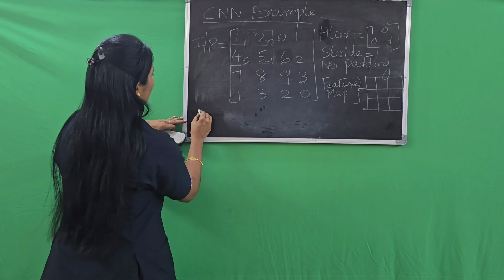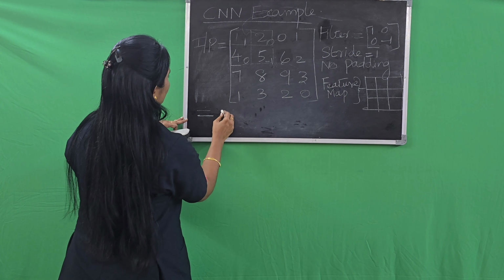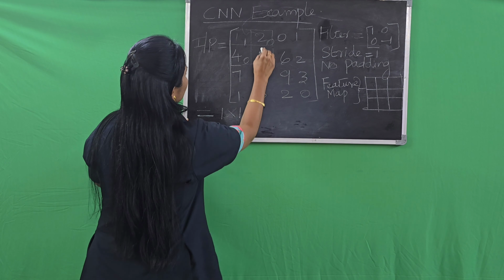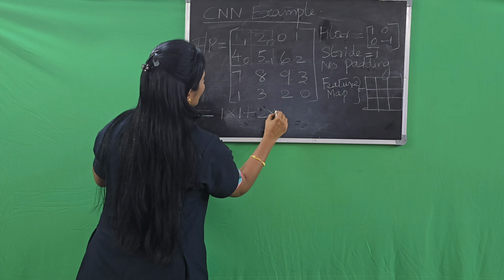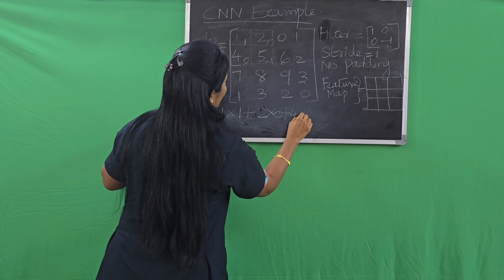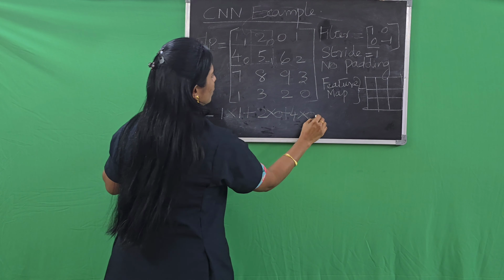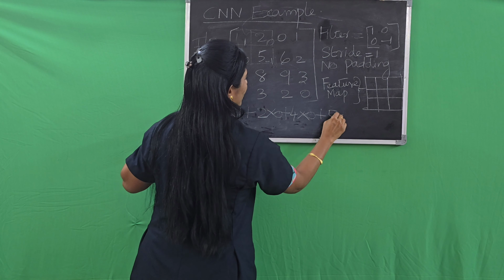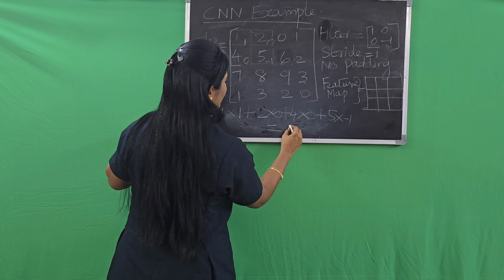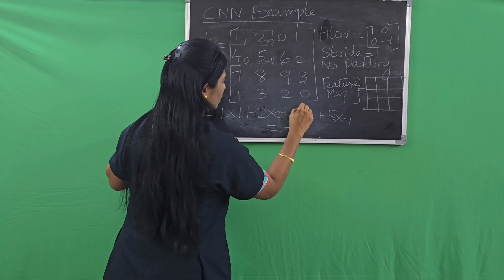So we can do the dot product 1 cross 1 plus 2 cross 0 plus 4 cross 0 plus 5 cross minus 1. The result will be minus 4.